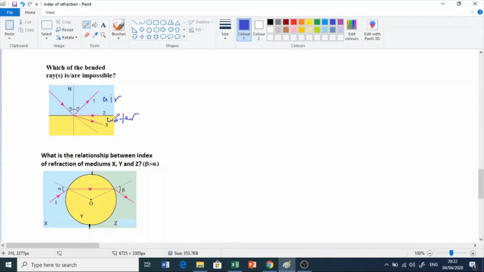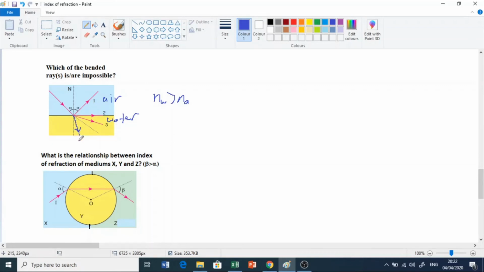As we know, the index of refraction of water is bigger than the index of refraction of air. n water is bigger than n air. And as we know, when light is moving from low index of refraction to high index of refraction, it bends toward the normal.